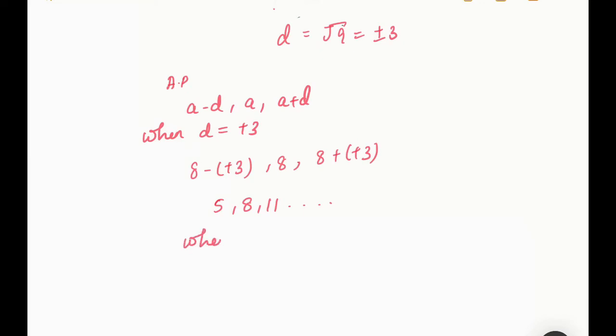Similarly, when d is equal to minus 3: 8 minus of minus 3, 8, and 8 plus of minus 3. So you get 8 plus 3, that is 11, 8 and 5. It goes like that. So you're getting 2 APs in this case because d has two values, positive and negative.